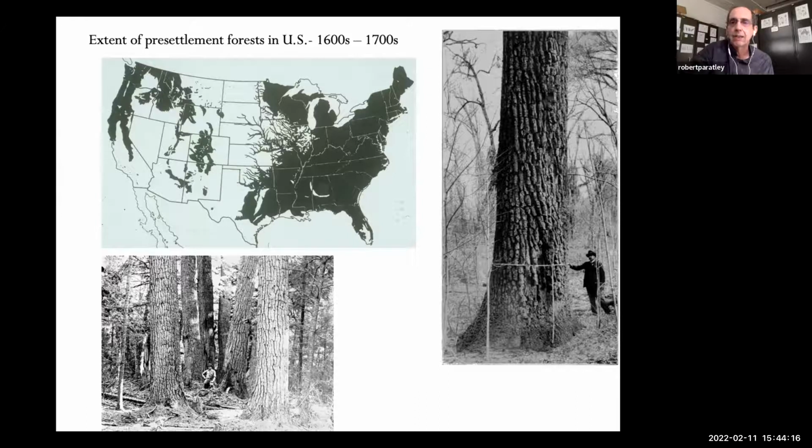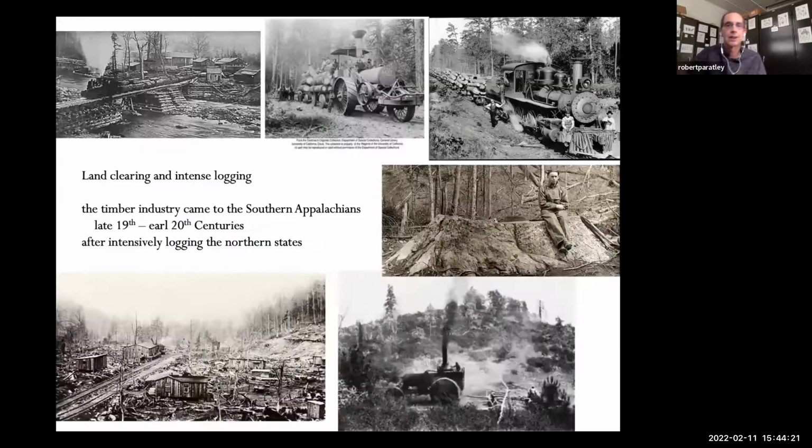So anyway, the settlers found many of these extensive forests with large, large trees. And in the Southern Appalachians, by the late 1800s, the timber companies had come to the Southern forests and cut them vigorously, extensively, and pretty thoroughly. By the 1920s, there wasn't much left.